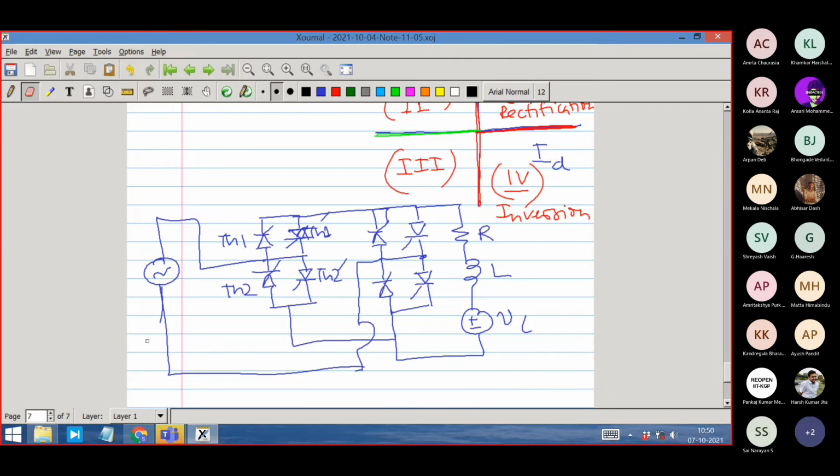That part I have used because I wanted to create a situation where the current here can be bidirectional, can be this direction ID or that direction ID. I wanted to create a situation where this current can be bidirectional, right?